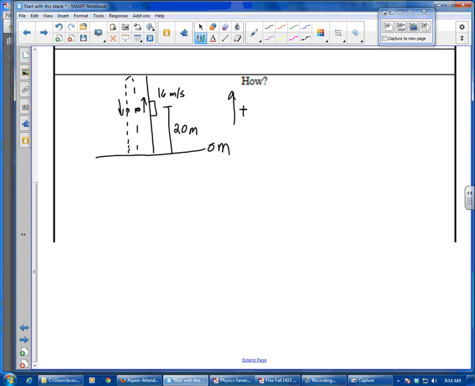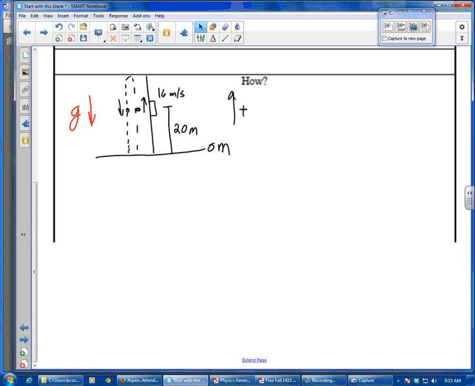And they ask us, what's its initial speed? Well, let's think about the things we know about it. We know that its initial speed would have to be upwards. We know that it's gone 20 meters and is now going 16 meters per second. And we know that during this whole thing, it's accelerating downwards at little g because it's in free fall.